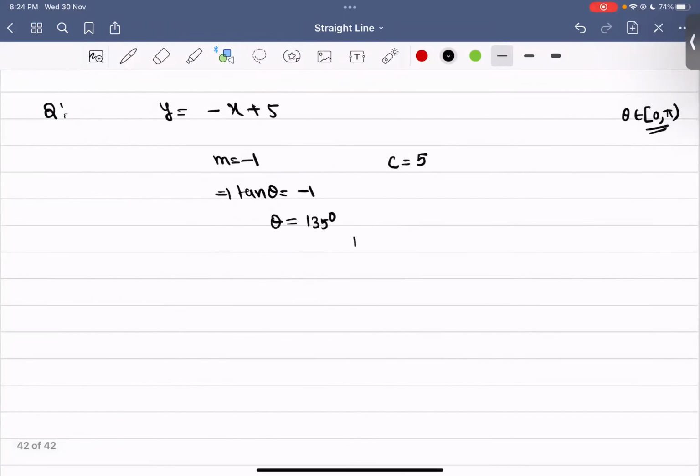Then how will the line be? The line will be like this. This is the y-axis and x-axis. The y-intercept here is 0 comma 5. And the angle is obtuse, because tan theta is minus 1.